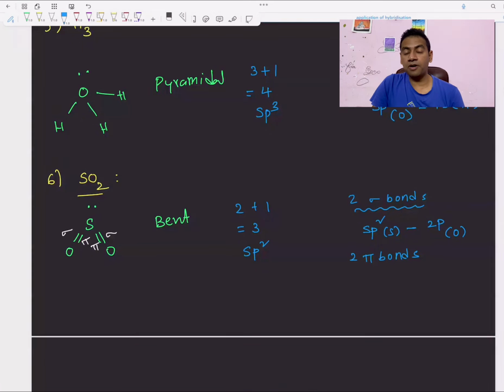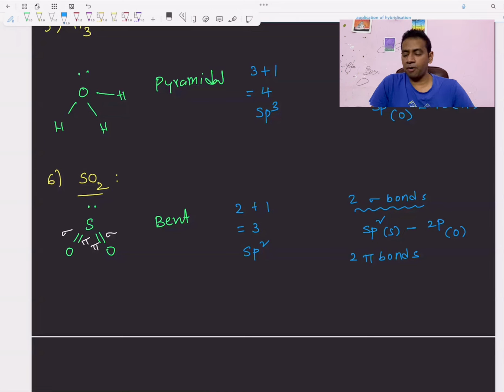Pi bonds are not formed by hybrid orbitals. Pi bonds are formed by unhybridized orbitals. So among the three sp2 hybrid orbitals, two form sigma bonds, and one sp2 hybrid orbital contains the lone pair.